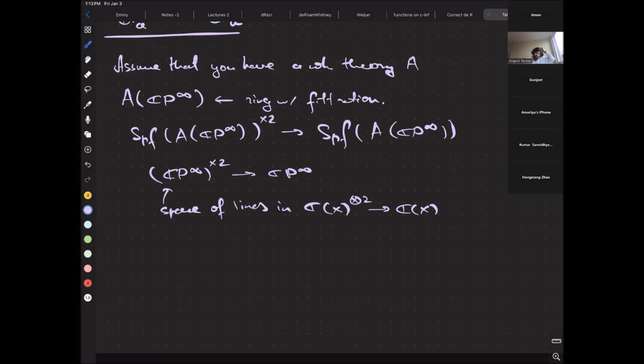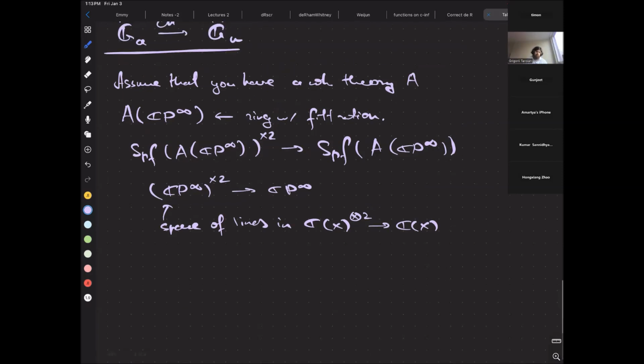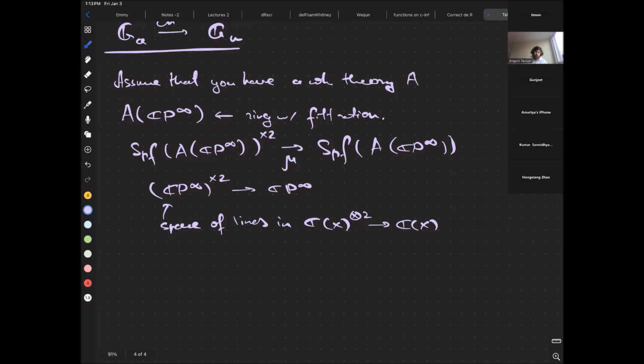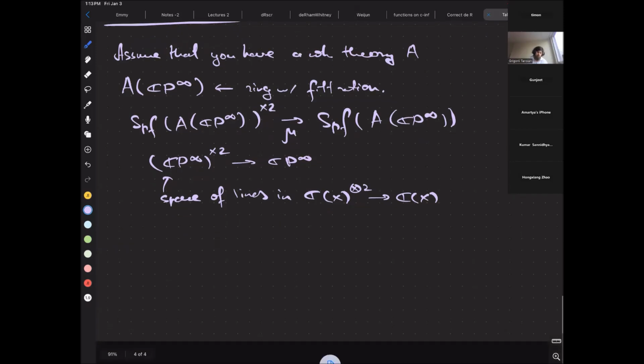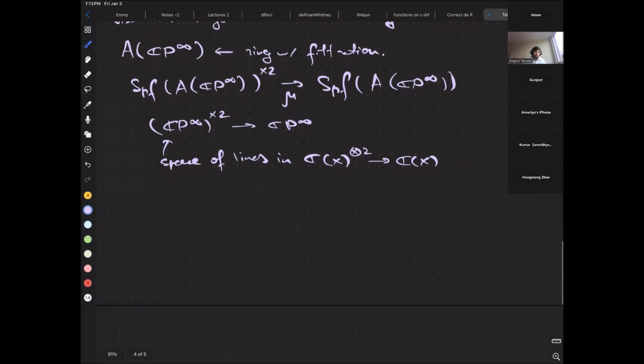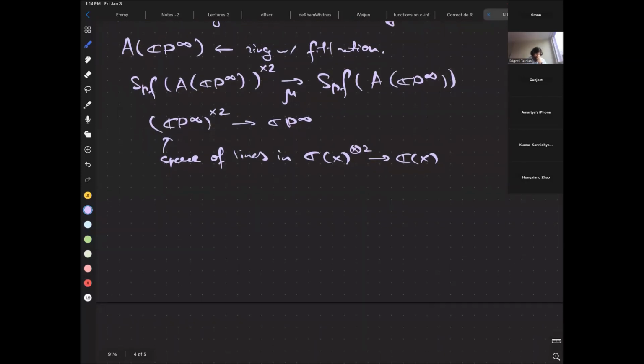So then applying A and then applying formal spectrum, you get the multiplication on your formal group. Okay. Yeah, so we have that.